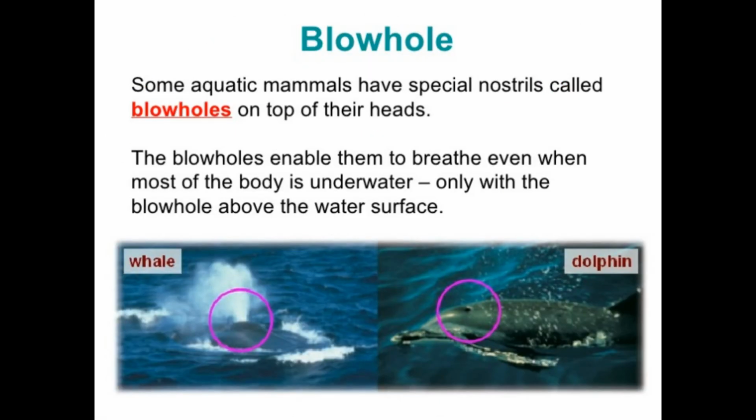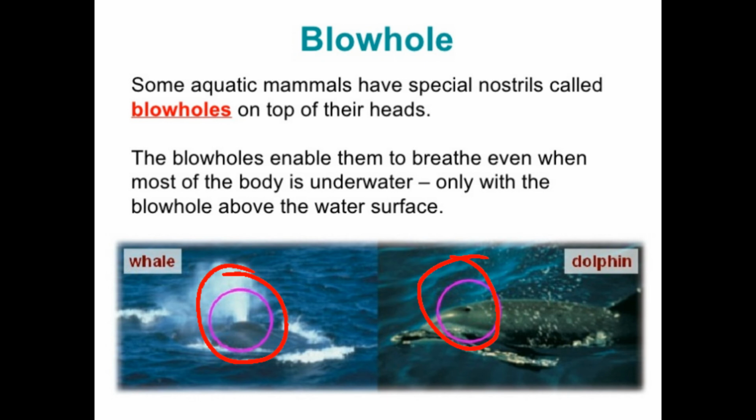Now, blowholes are special nostrils on the top of the animal's head. Like you see, there is a blowhole mentioned in the dolphin, and here the whale is also having this special nostril. The blowhole enables them to breathe even when most of the body is underwater.